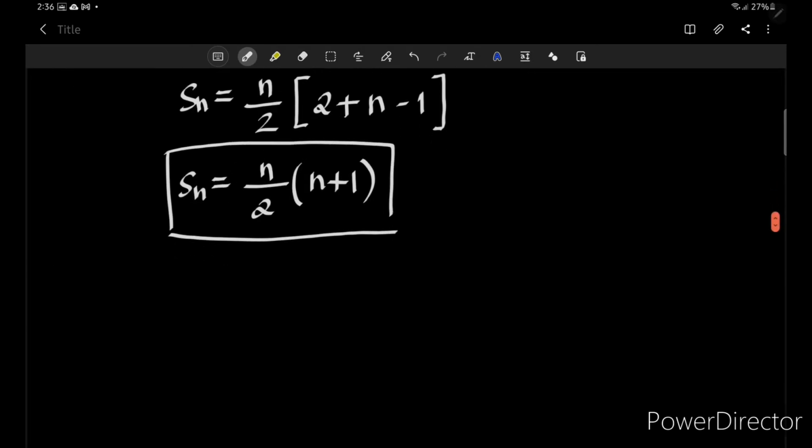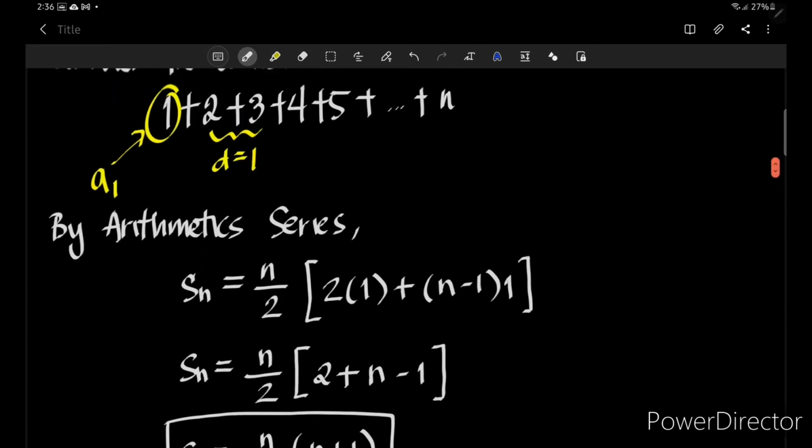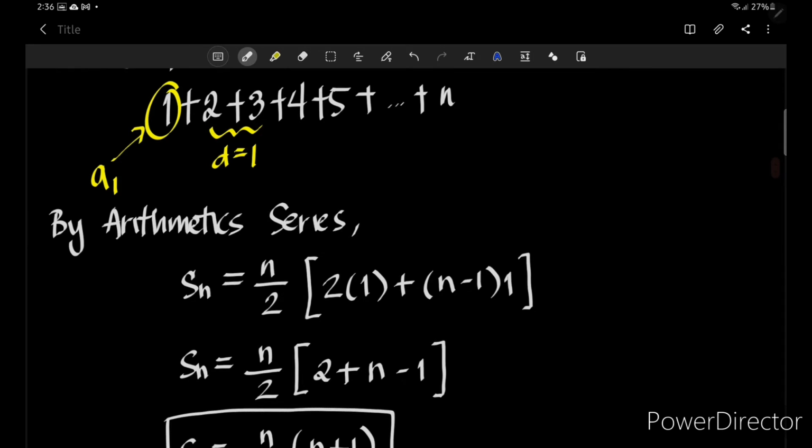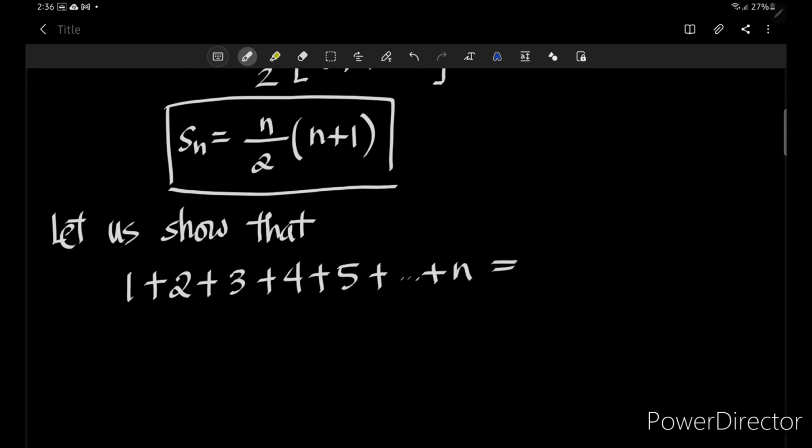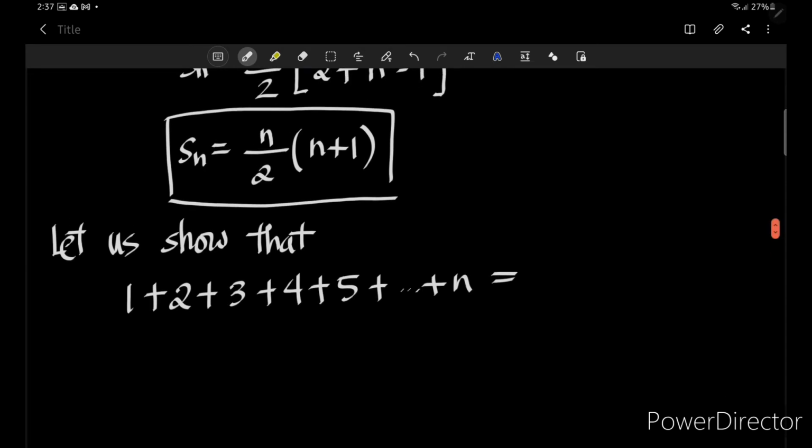Now, let us show that the series na 1 plus 2 plus 3 plus 4 plus 5 hanggang makakating tayo kay n ay equal dito sa nabuo nating general form, which is si n over 2 times n plus 1.